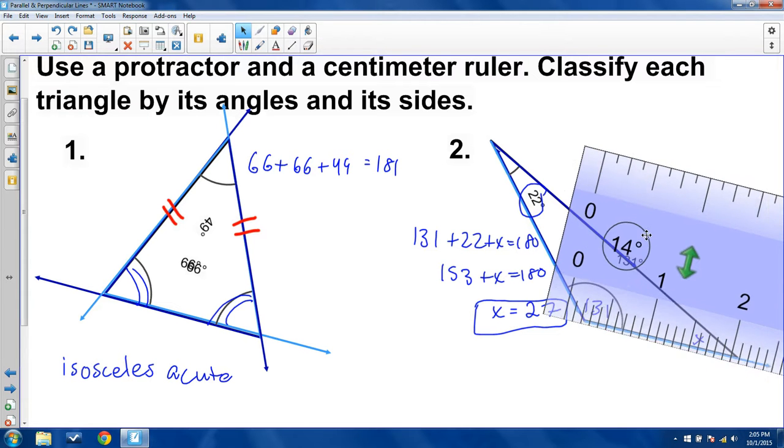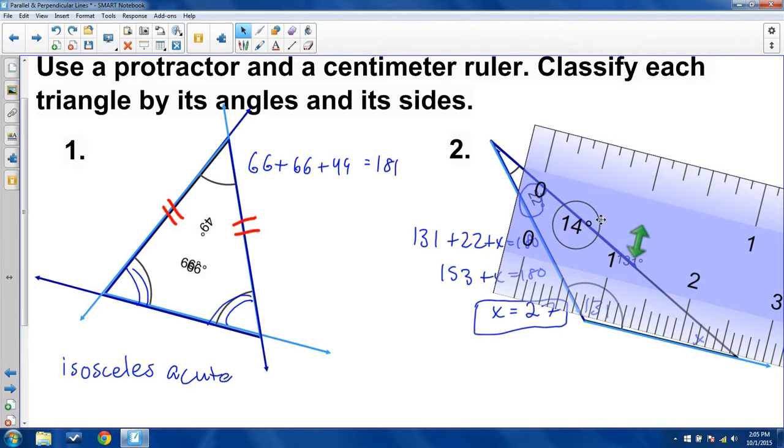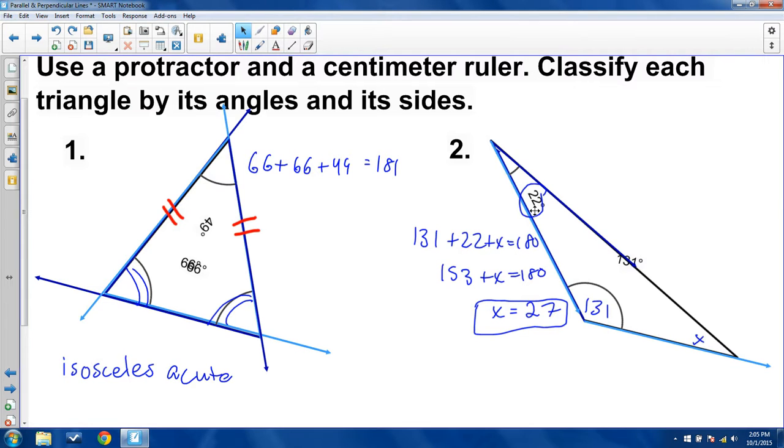So they are different, and by a substantial enough amount to know that these are not congruent. So this triangle is not isosceles. In fact, none of the angles appear to be congruent, neither do any of the sides. This side appears to be the longest one. This is called a scalene triangle. And also there is one angle that's greater than 90 degrees, so it's also obtuse. So it's a scalene obtuse triangle.